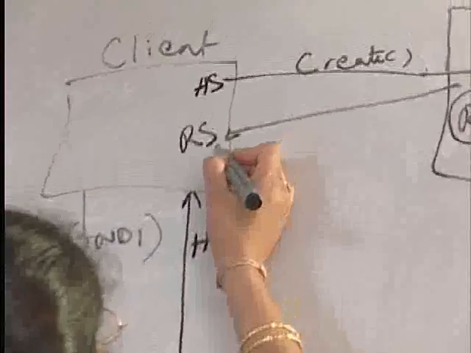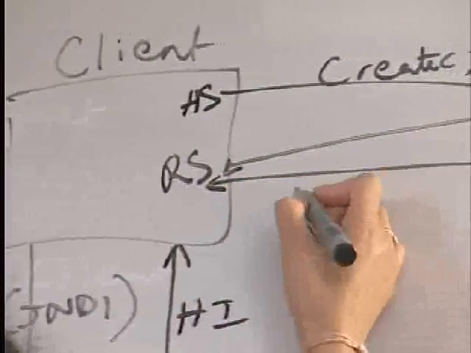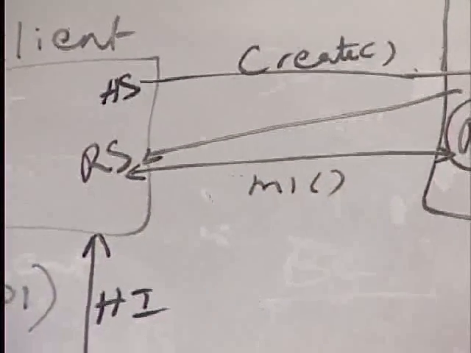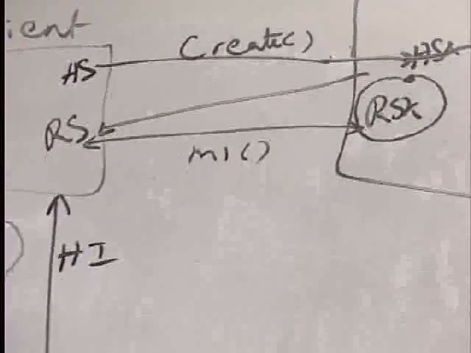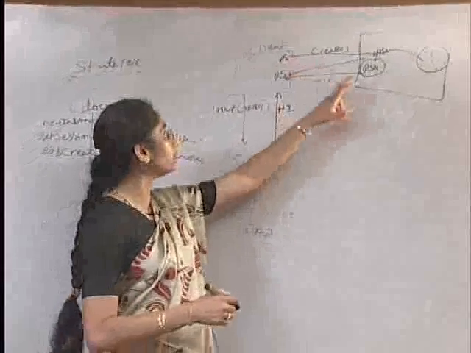Then the method call occurs between the remote stub and the remote skeleton. This is how the call works when a client makes a request.